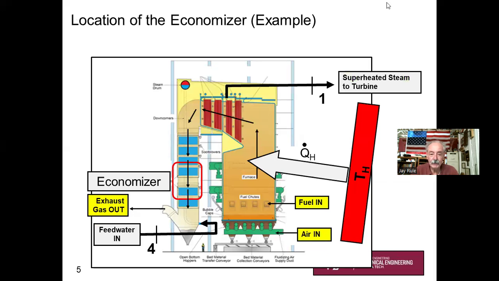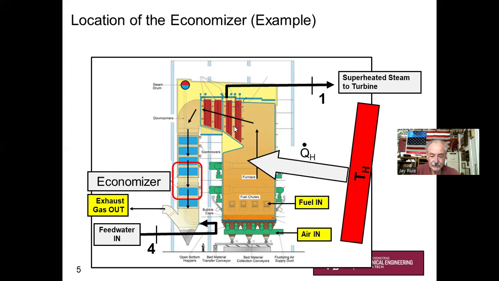And where would this be located? Where would the economizer be located in your steam generating unit? Remember, ultimately, we got a thermodynamics class going on here. So here's our high temperature heat reservoir adding heat in this boiler equipment. And what we're doing is we're transferring heat from the hot exhaust products into the H2O.